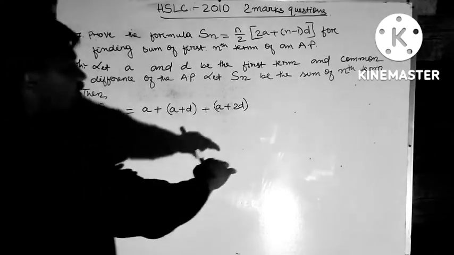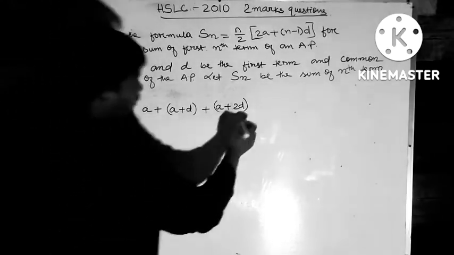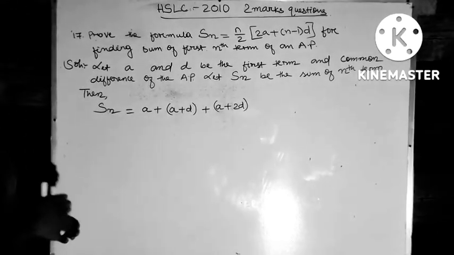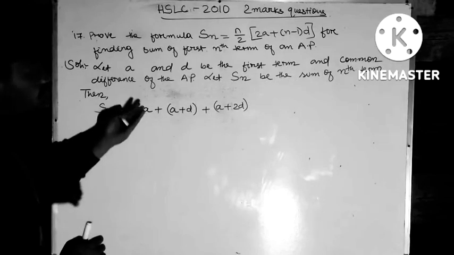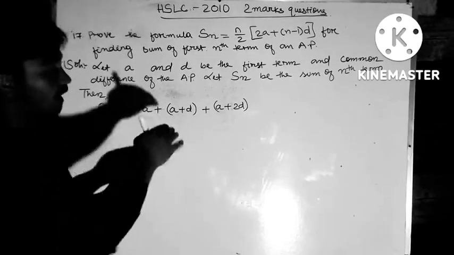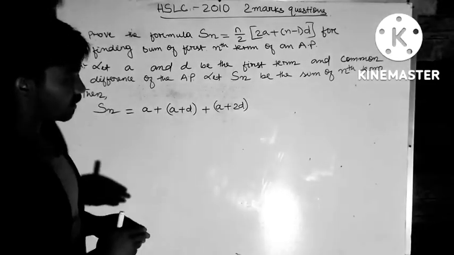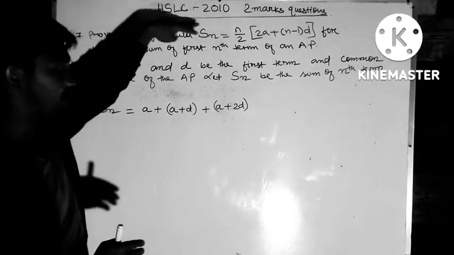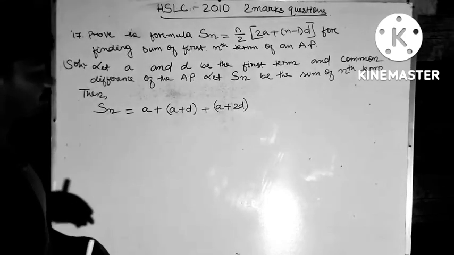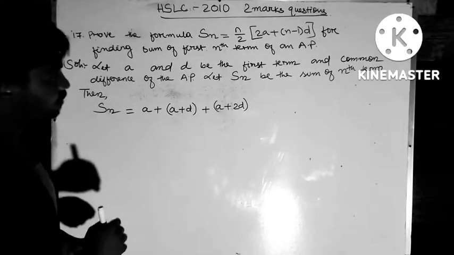I'm not going to explain everything. I'm just telling you, and you have to make sure that you have already learned the concept of this in your class. Only after that should you see this exam question. Without having this concept, if you try to learn this, it is going to give you a headache.